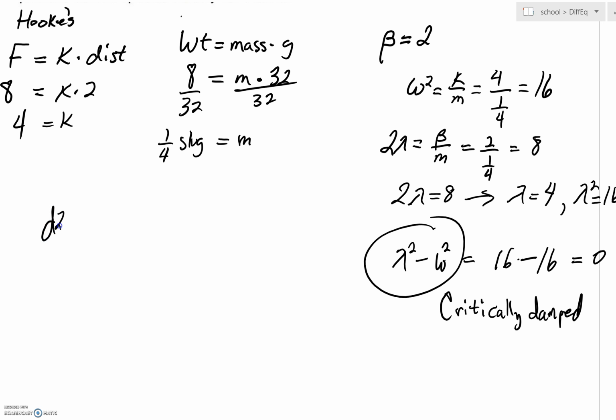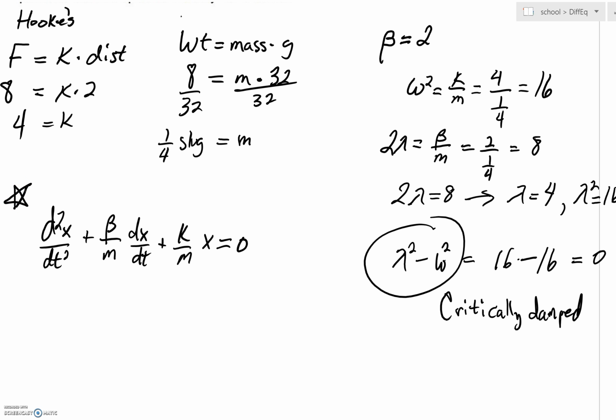Now, what you can do to help yourself out, you're just setting this thing up. We could have just this general second order differential equation. You could leave it as d²x/dt² plus 2 lambda dx/dt plus omega squared x. But I think very often we jump to this one. It's all going to be the same at the end of the day.